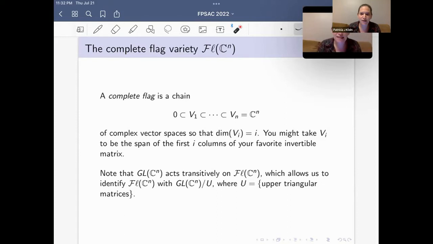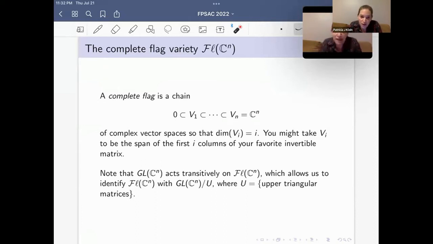And so if we want to think about the general linear group and the space of flags, then one way to give us a construction that records exactly the information that we want is to notice that the general linear group acts transitively on the space of flags.